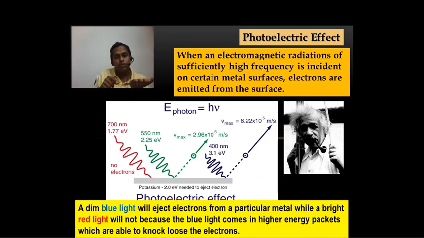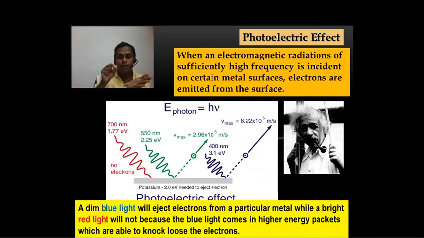Now, based on this figure, I would like to tell you what happens when blue light is incident on this metal surface, what happens when green light is incident, and what happens when red light is incident. Blue light has a wavelength of 400 nanometer, green light has a wavelength of 550 nanometer, and red light has a wavelength of 700 nanometer.